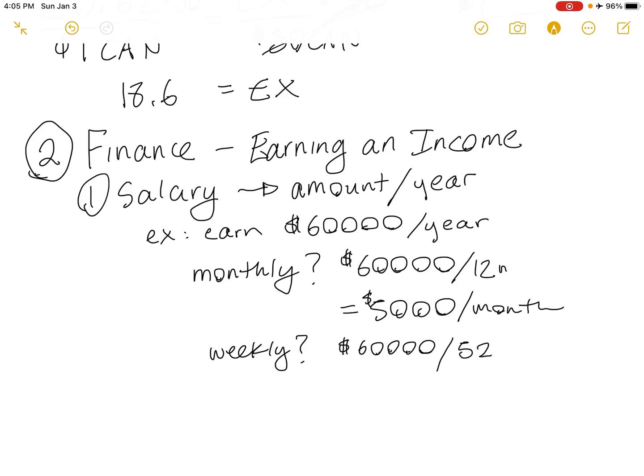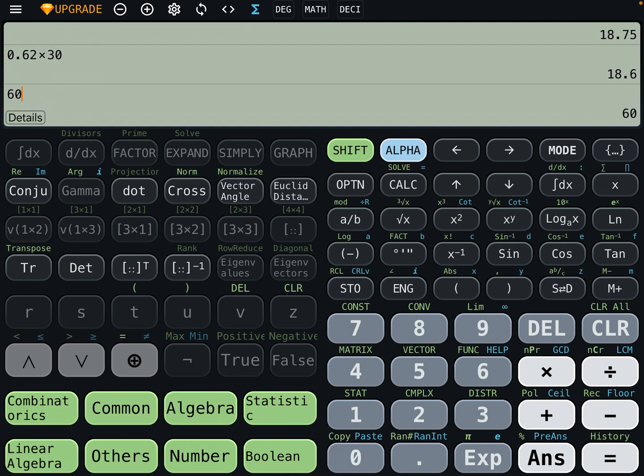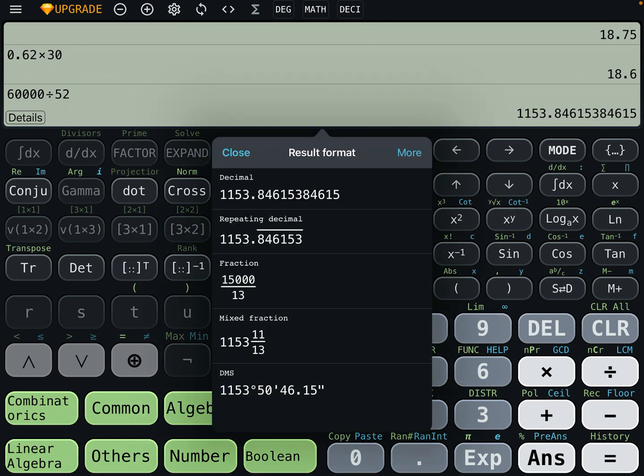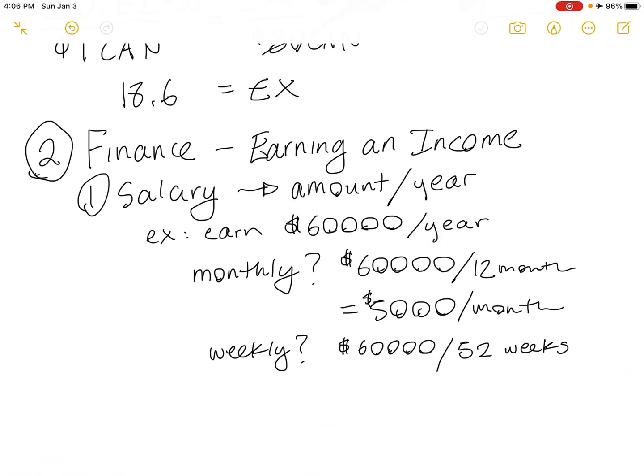There's 52 weeks. Now this one I have to do on a calculator. 60,000 divided by 52 is 1,153.85, because there's 2 decimal places for money, and that 4 is going to round up because the next digit is a 5.